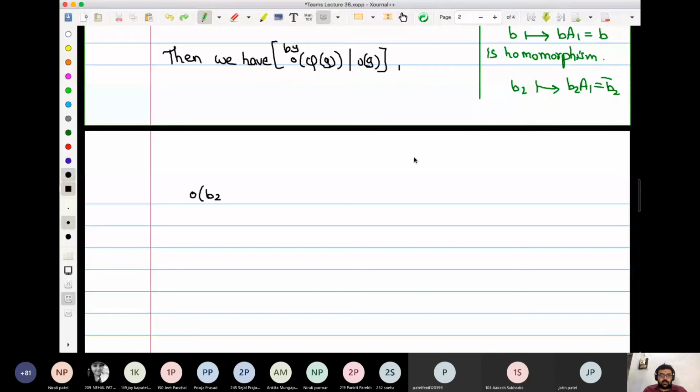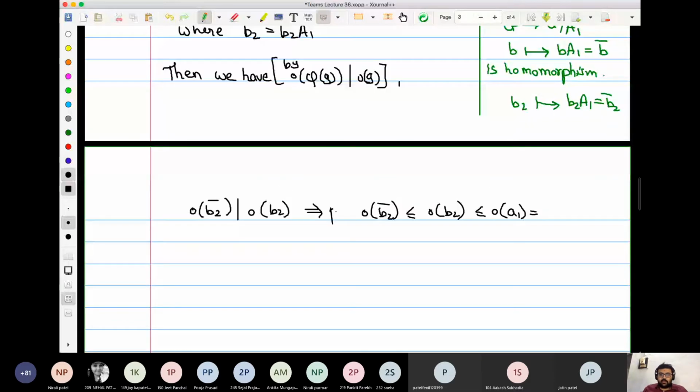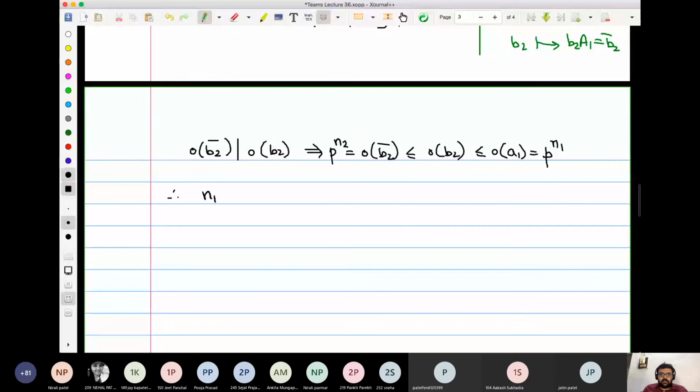So the order of B2 bar is less than or equal to the order of B2, but that is less than or equal to the order of A1, because A1 has maximal order. B2 also may be maximal or maybe less than that, right? So that is less than or equal to the order of A1. And this is P power n2, and this is nothing but P power n1. And therefore we have n1 is greater than or equal to n2.